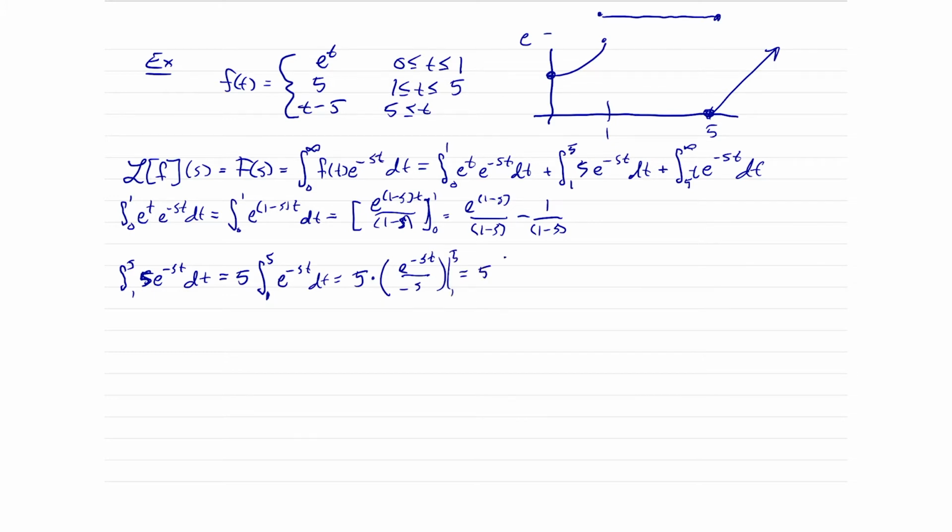And so we get 5 times e to the minus s times 5 divided by minus s, minus e to the minus s, where we put 1 in for t, divided by minus s. I just want to make things look a little prettier, so I'm going to rewrite this as e to the minus s over s minus e to the minus 5s over s, times 5. Just redistribute, taking care of these minus signs and then swapping them around.